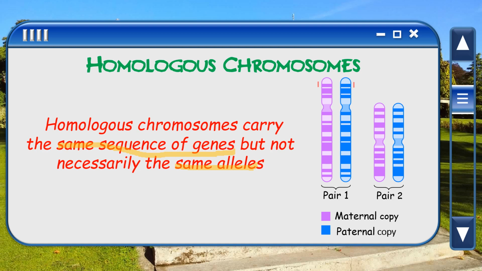If you look at this gene here, it's the same as this gene. If you look at this third gene, it's the same as this gene. So those genes at the same loci are the same genes, but they may be of the same allele or different alleles.